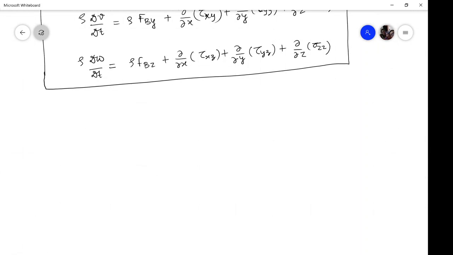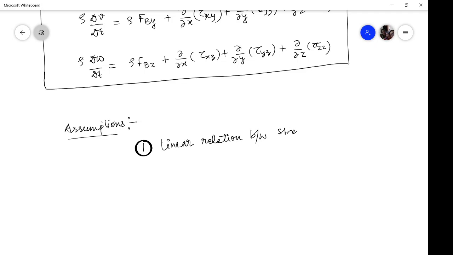So what are the basic assumptions? In the relation, the assumptions are, first, the relation between stress and strain is a linear relation between stress and strain.